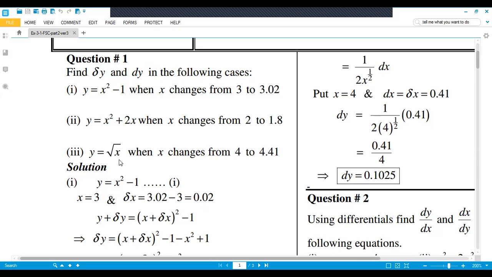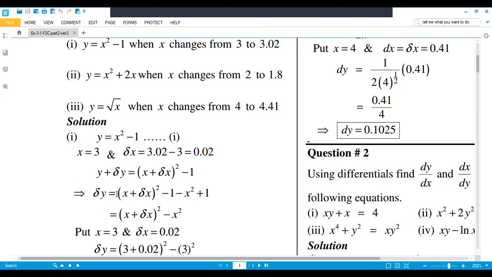If in the given equation you add delta y on the left hand side and delta x on the right hand side, what do you get? y plus delta y equals x plus delta x whole square minus 1. Y is positive here, shifted to the other side, it will be negative.